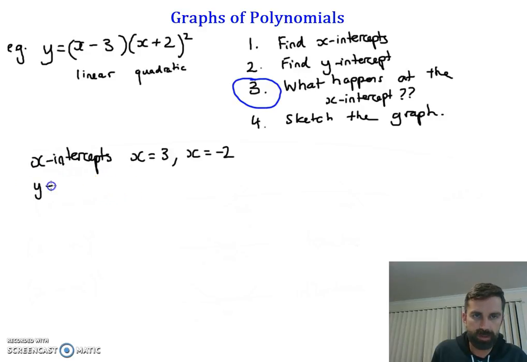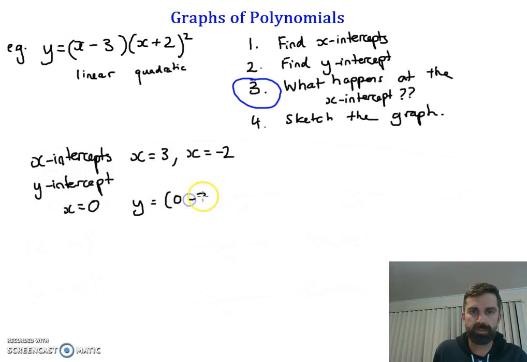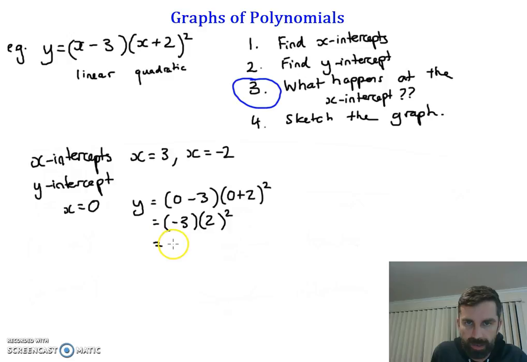The y-intercept, same as we have always done, occurs when x equals 0. So I'm just going to plug that straight into the equation, and I get 0 take 3 multiplied by 0 plus 2 squared, which is negative 3 times 2 squared, and that'll be negative 3 times 4, which is negative 12.